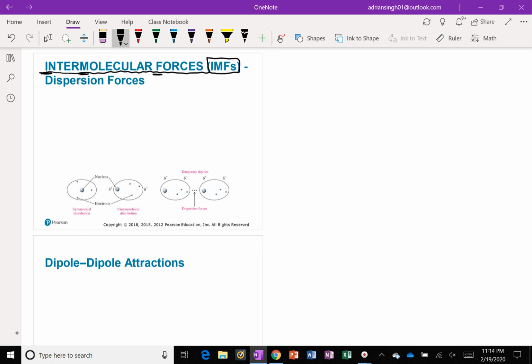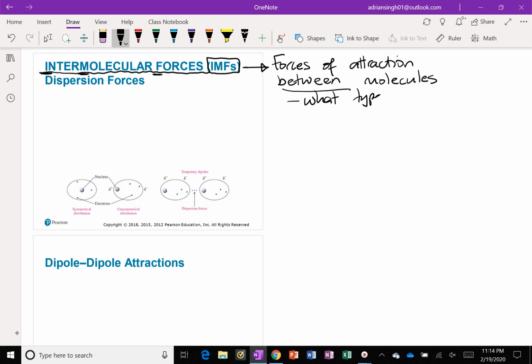Intermolecular forces we can describe as the forces of attraction between molecules. So we're looking to see what sorts of forces actually keep molecules close to each other.